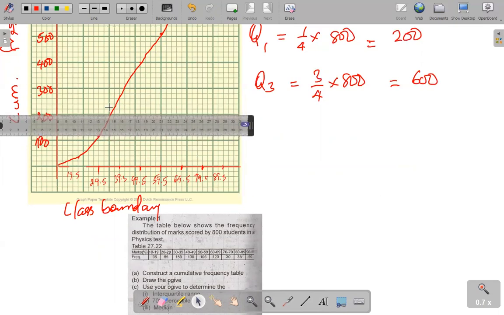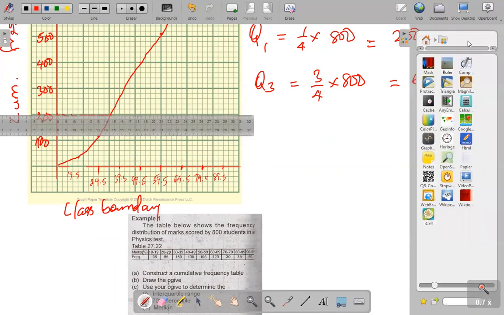Let me do that here. Okay, I touch the curve at that point. Then you get a vertical ruler to avoid rotating the ruler from time to time. Then that point where I touch the curve, I will trace it to my class boundary, and I'll read it.